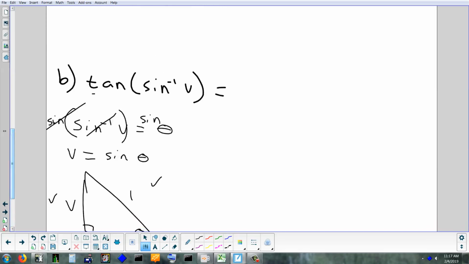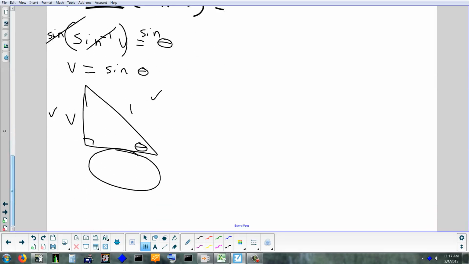They want to know the tangent. Tangent is which two sides? It's opposite over adjacent. Opposite's good, I have it. Adjacent, I don't. So I'm missing it. You're pretty much always going to be missing it. How do I get the side that I'm missing, knowing the other two?